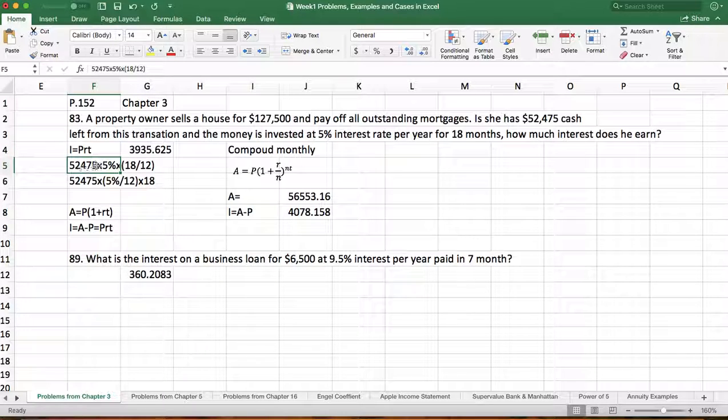The principal is this one, and the annual interest rate is 5%, and 18 months is how many years? Because T is in years. 18 months is 18 over 12 years, 1 point some number of years.